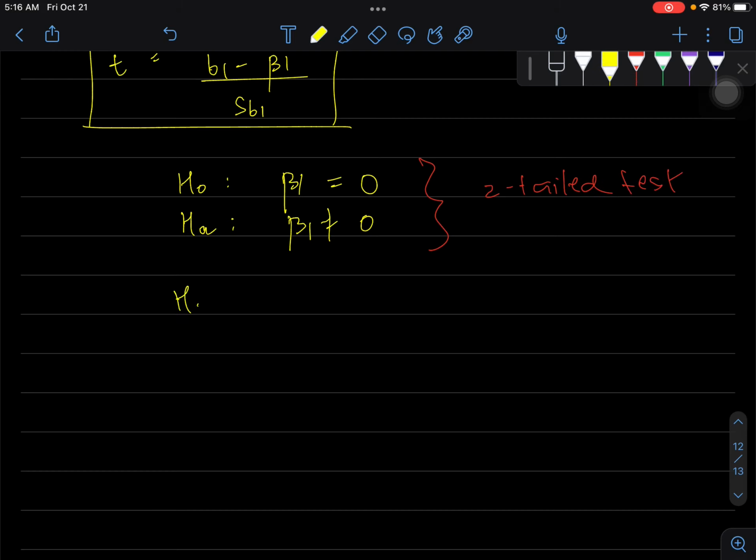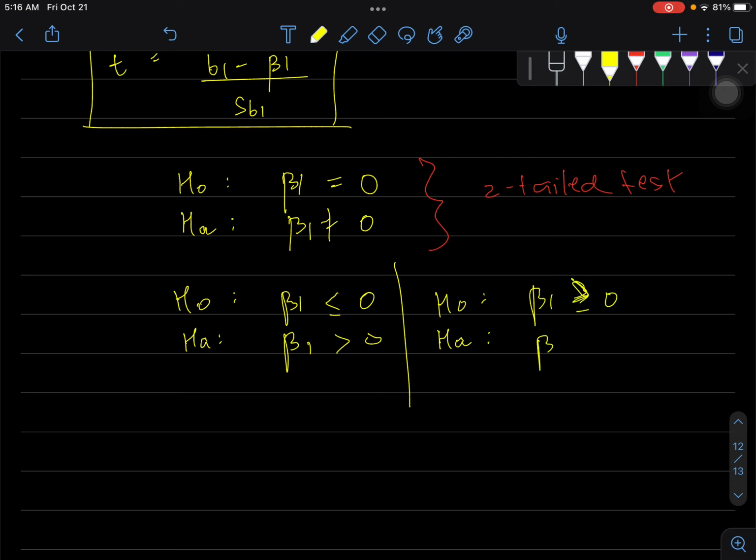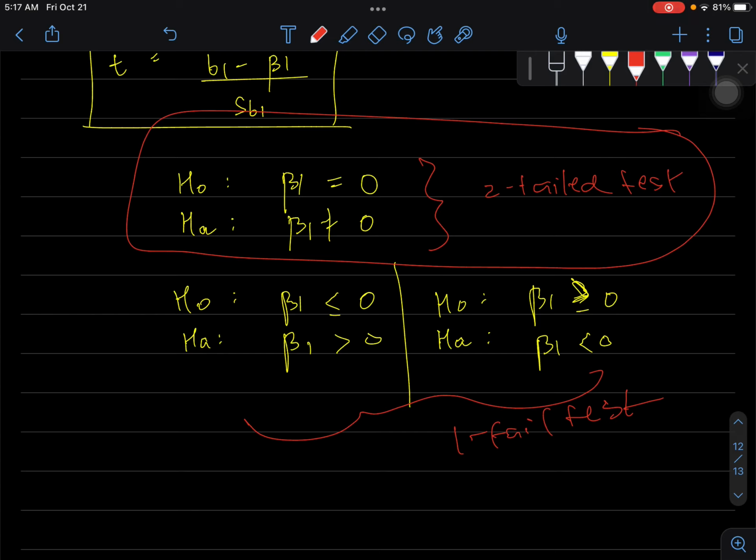If we check whether it's less than or equal to 0, or greater than or equal to 0, then it is a one-tailed test. But since we're just going to be using a two-tailed test, we'll focus on that.